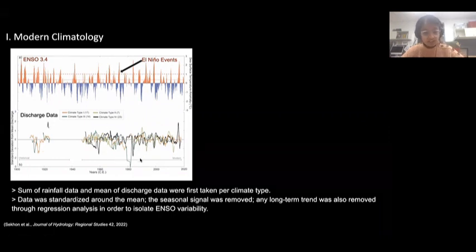How we analyzed this data essentially is we took the mean of the discharge data, then the data was standardized, the seasonal signal was removed because we were interested in ENSO variability, and if there were any long-term trends, that was also removed through a regression analysis.